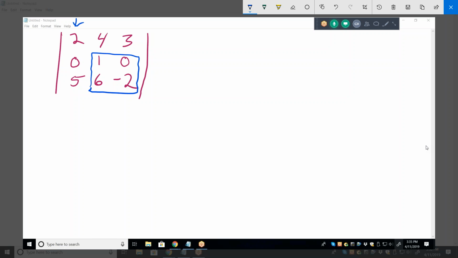So the determinant of 2 equals minus 2 minus 0. Okay. Right? Row 2, column 1.